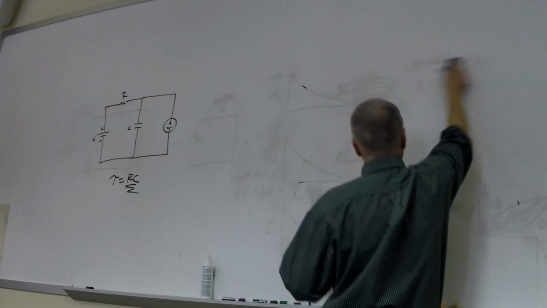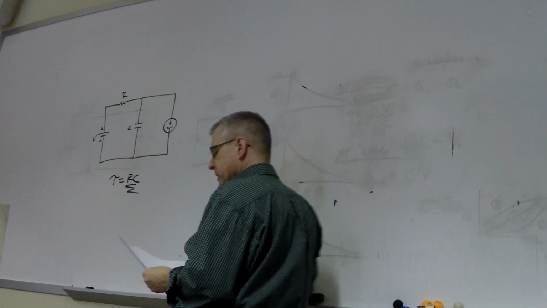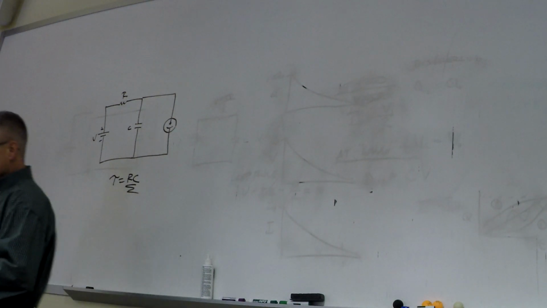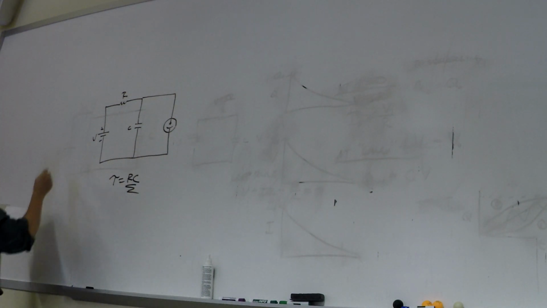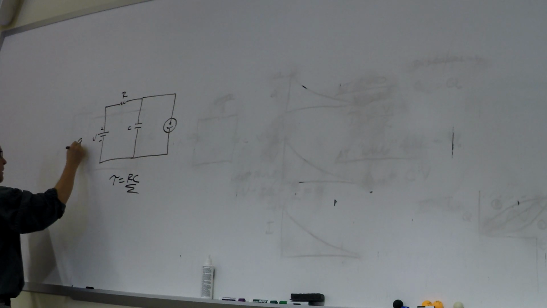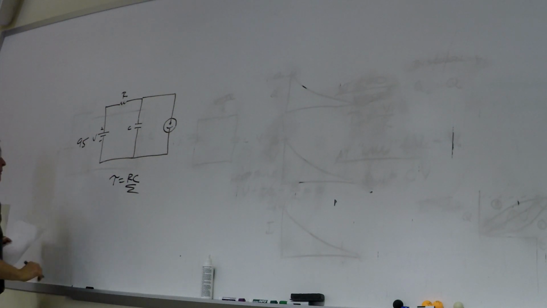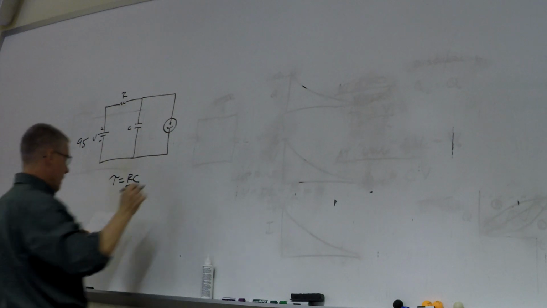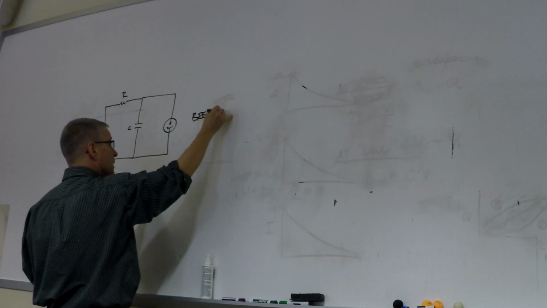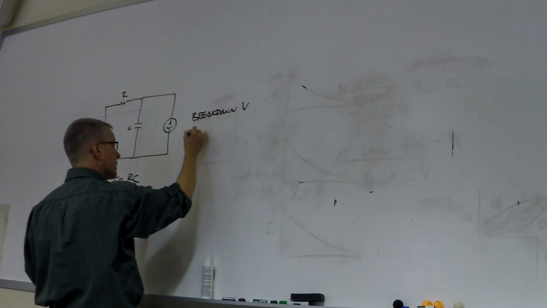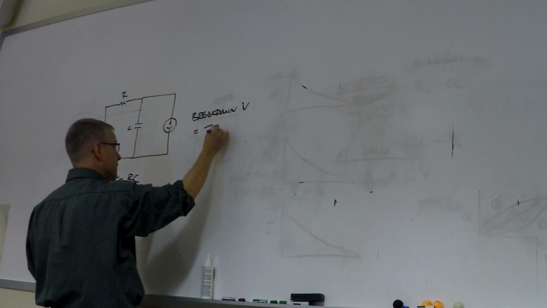Let's say we've got one of these blinking RC circuits, and let's put some numbers on things. Let's say this is 95 volts over here. Let's say the breakdown voltage that I need is 72 volts.